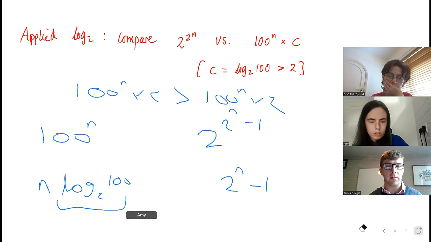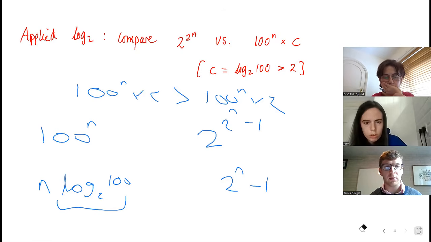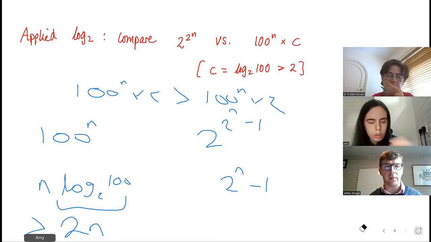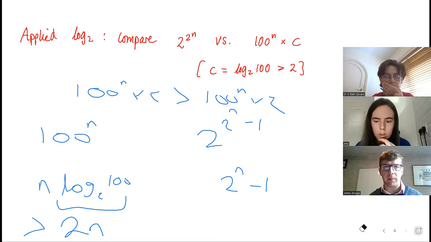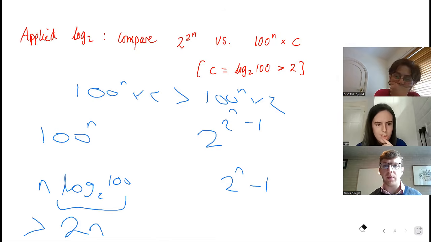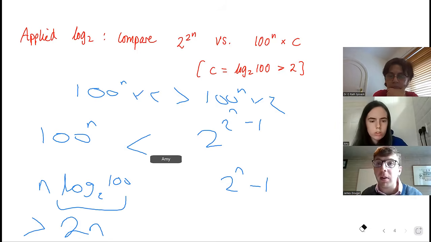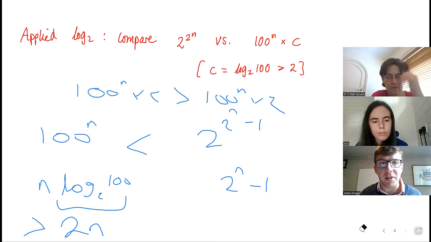We know this number is greater than 2. So we can say that this is going to be greater than 2n, and this is 2 to the power of n minus 1. Oh, we can't do that, hang on a minute, because we want to prove that this is less than. So the inequality is not the right way around.